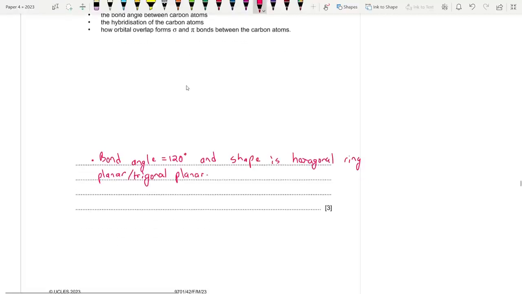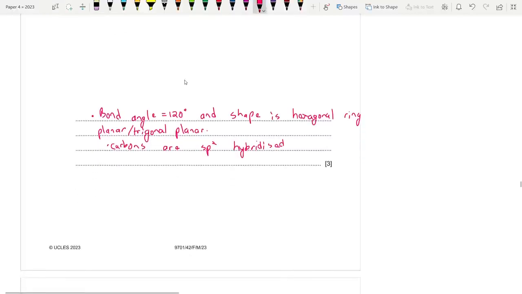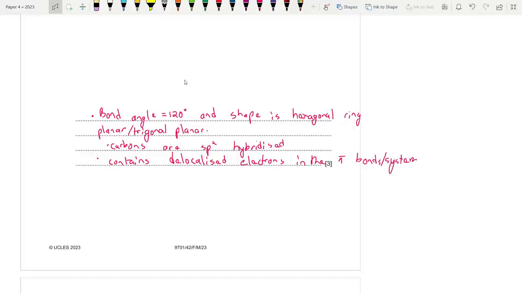So all carbons are sp2 hybridized. Fine. So what does benzene contain? Benzene contains delocalized electrons in the pi bonds, or pi system, basically.